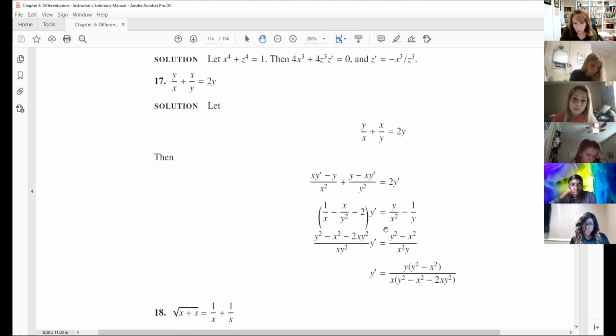Okay, and so when you do that, then we can get our common denominator here and solve this out. That's not a pretty problem. I'm going to tell you that I think it's safe to say that for the exam, you're not going to see a problem like this that's this complicated. All right, does that make sense, or do you want me to actually work it out for you?